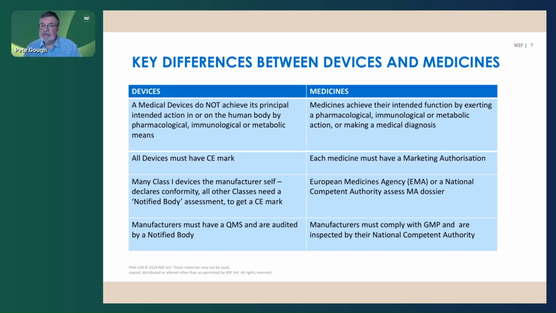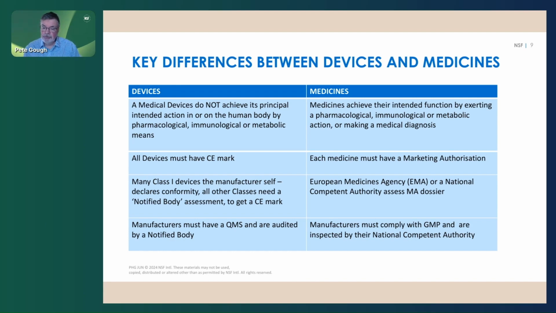For medicines, there's a small subset of medicines that have to go centrally to the European Medicines Agency, but the vast majority of medicines will be assessed by the national competent authority, and you have to submit what's called a marketing authorization application dossier.